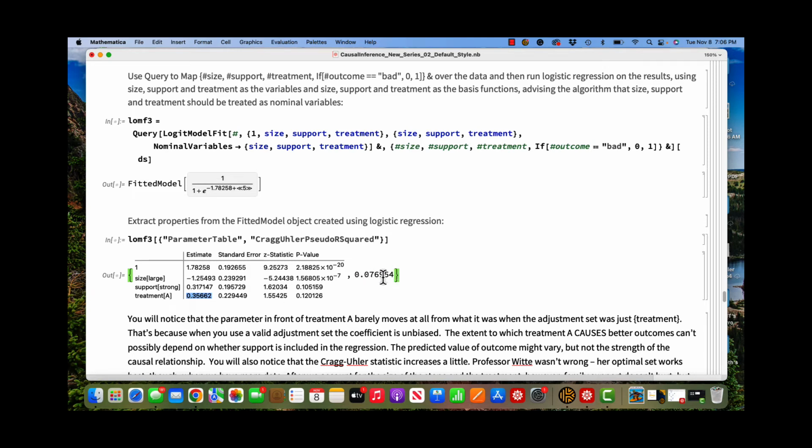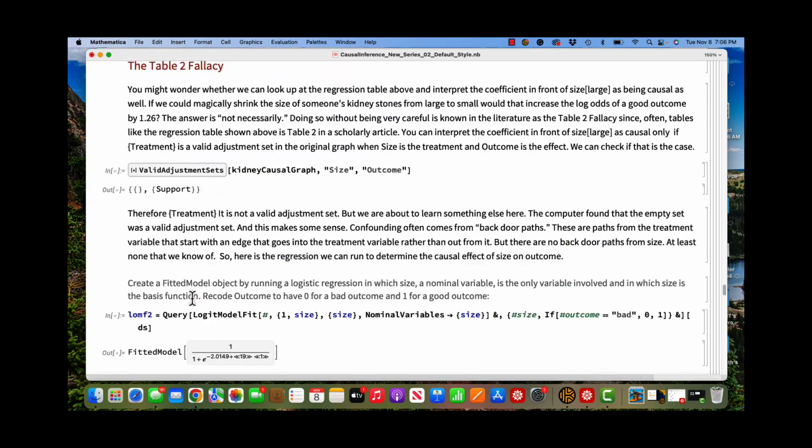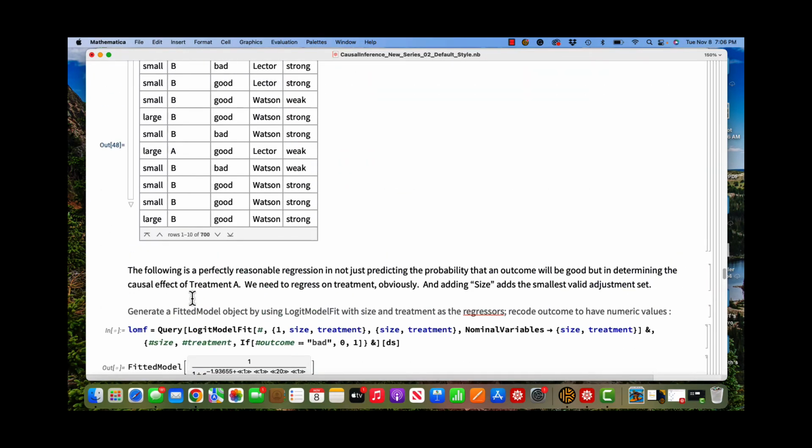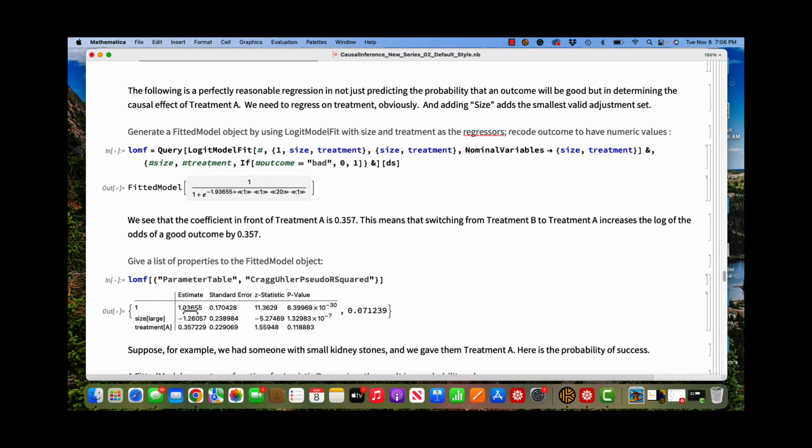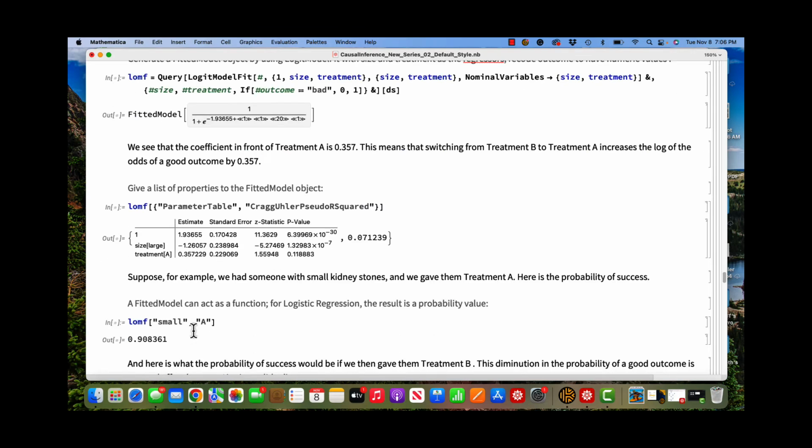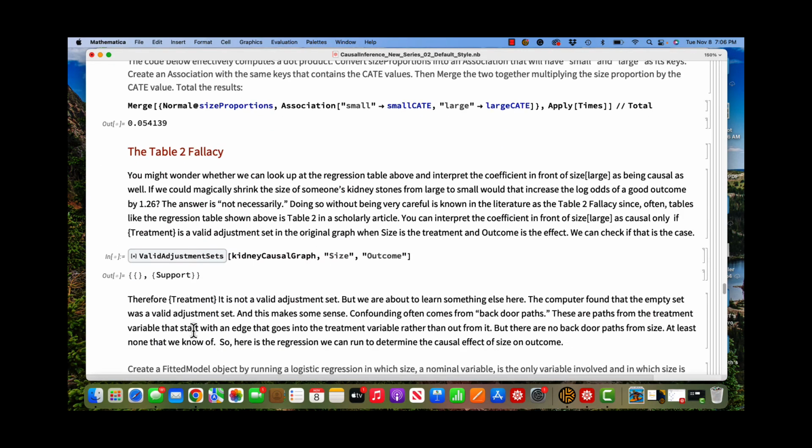The R squared is going to be a little higher because you've added some additional information which may be marginally relevant to the success of the treatment, but the causal effect here is 0.35662, and up here it was 0.357229, essentially no difference.